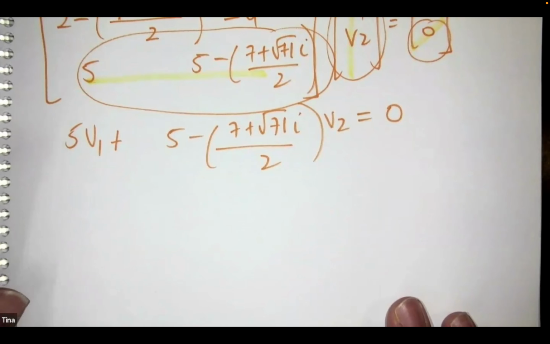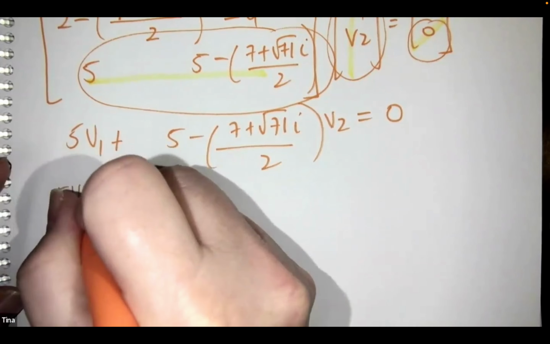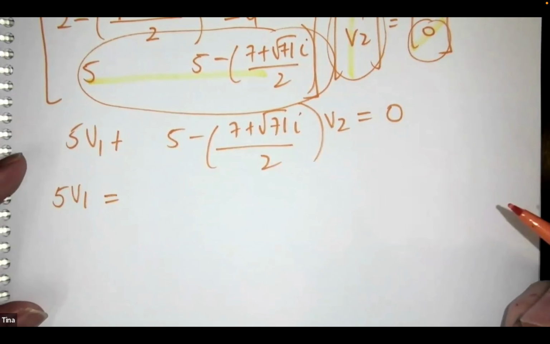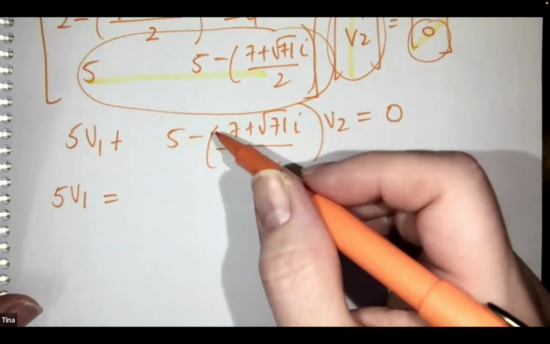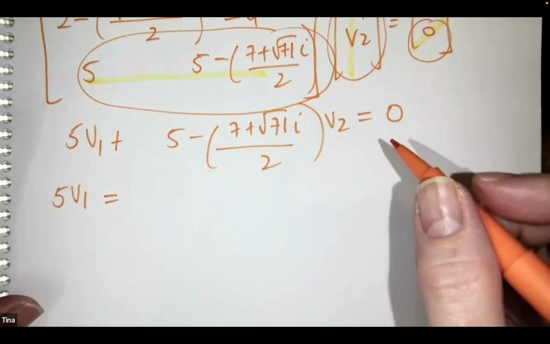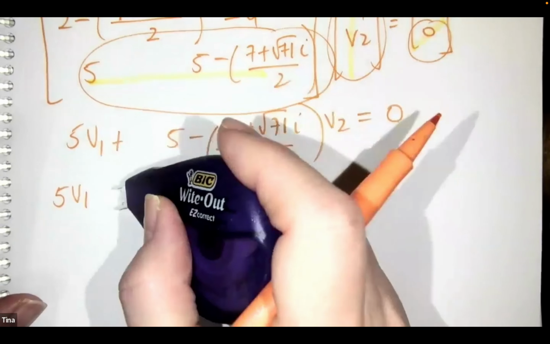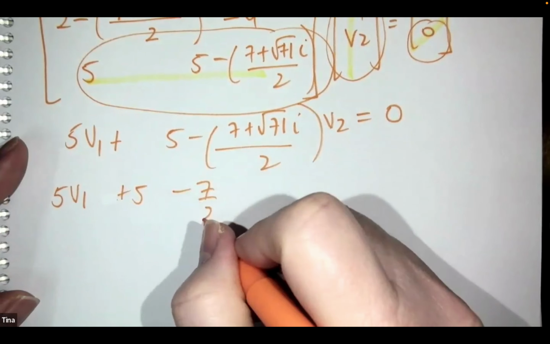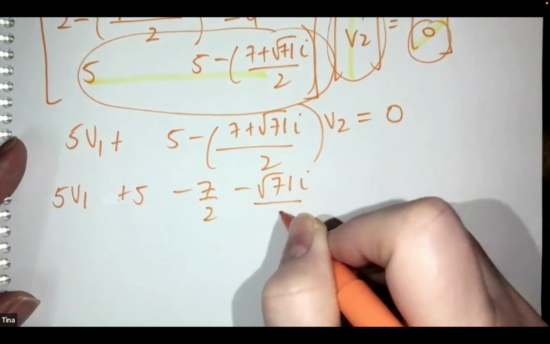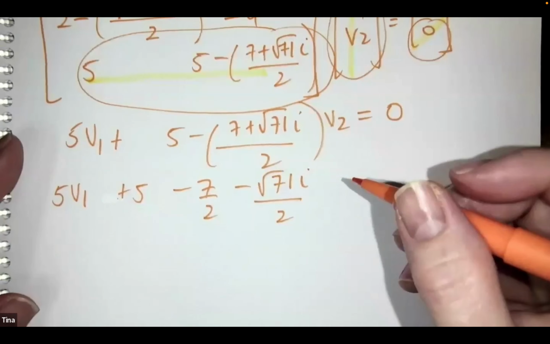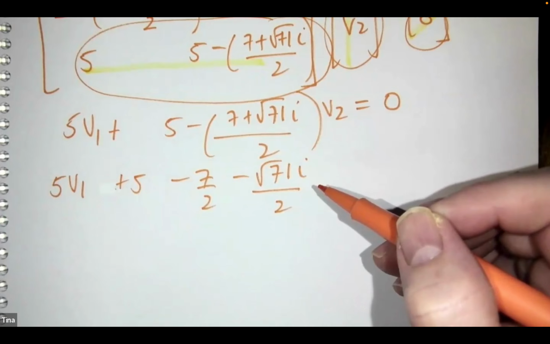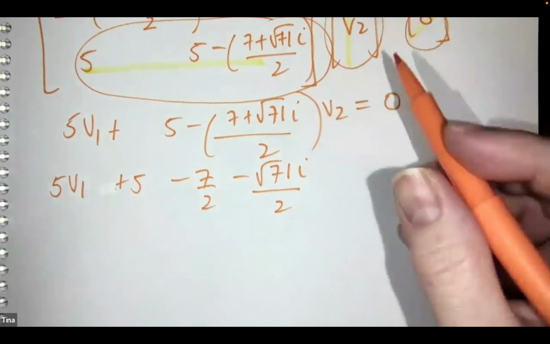Okay, so let's see, this is 5v1 equals, so if I bring this over, maybe I'll simplify this first. 5 minus lambda times v2.